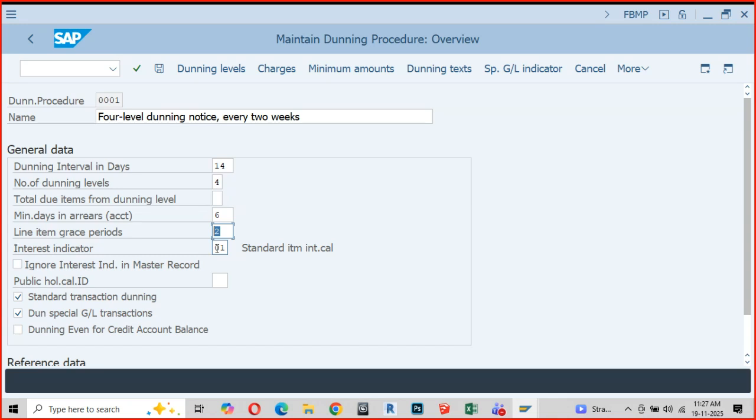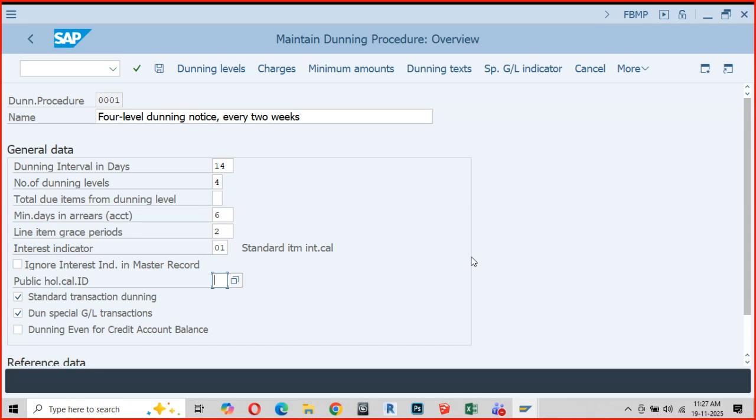Clear? Now, this is one interesting thing. I just wanted to add one small piece of information. Public holiday calendar. Normally this calendar is generated by the human resources department. Once they generate it, we apply that holiday calendar. Why do we apply it?